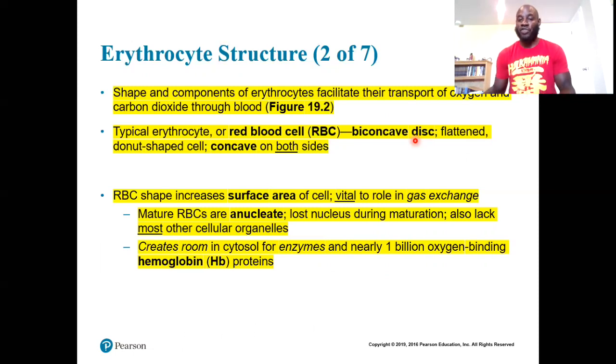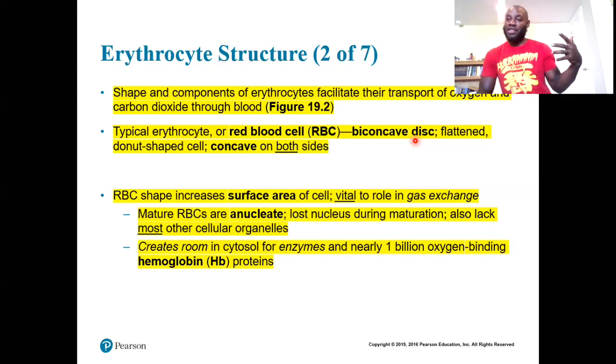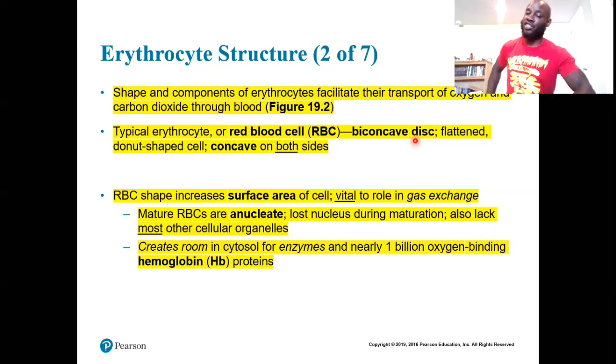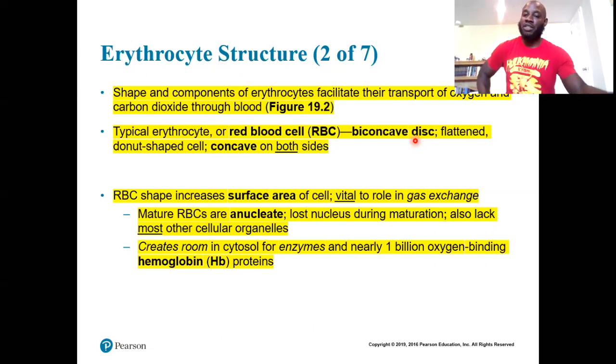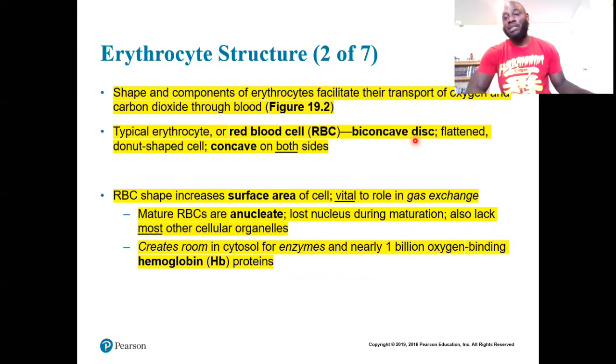This increases surface area, which is very important because different gases such as oxygen and carbon dioxide are going to flow across this surface, and you need to have increased surface area so that as much gas, oxygen as a gas, carbon dioxide as a gas, can flow across these surfaces as quickly as possible so that the red blood cell can function.